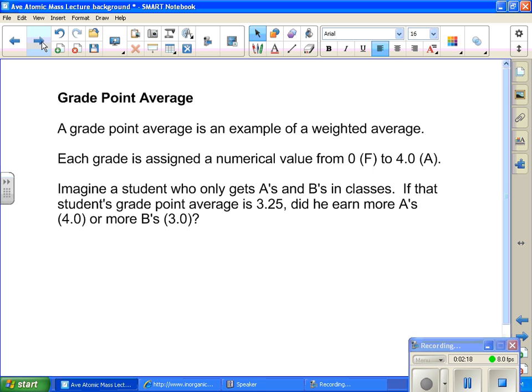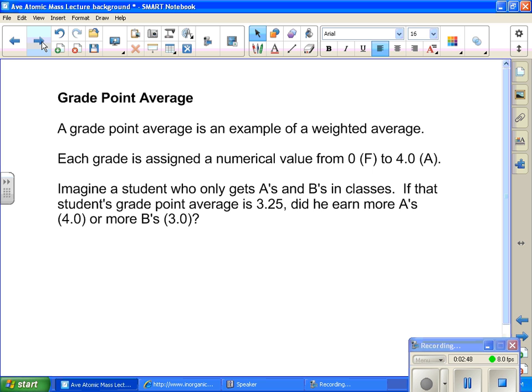Okay, before we get started with elements though, let's talk for a moment about grade point average. A grade point average is an example of a weighted average. So you are probably aware that each grade is assigned a numerical value from 0, and that would be an F, to a 4.0, which is obviously an A. Now imagine a student who only gets A's and B's in classes.